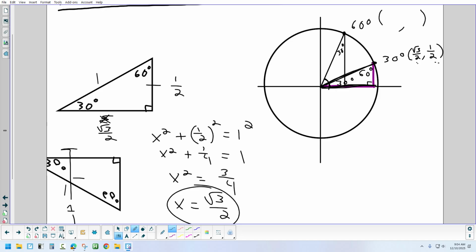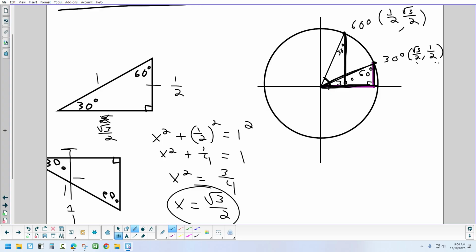We just have to remember that the side across from the 30 is always the short side, which is the 1/2. And the side across from the 60, this side, is the long side. That's originally the side that was horizontal. Now it's vertical. So it's root 3 over 2. So that's the coordinate for 60.